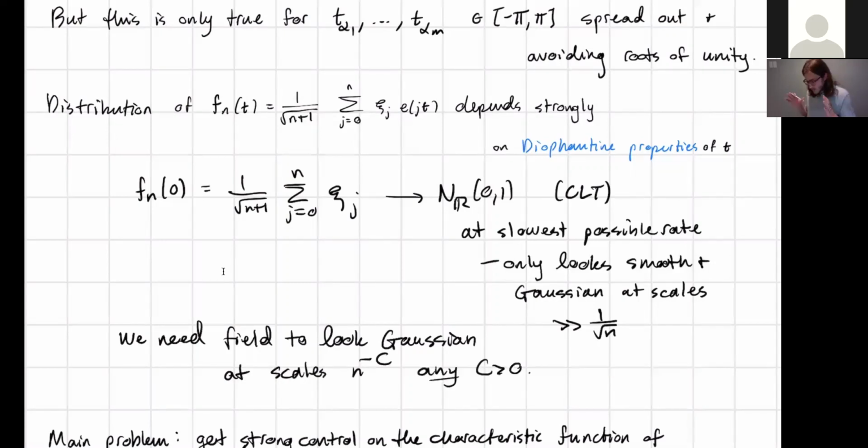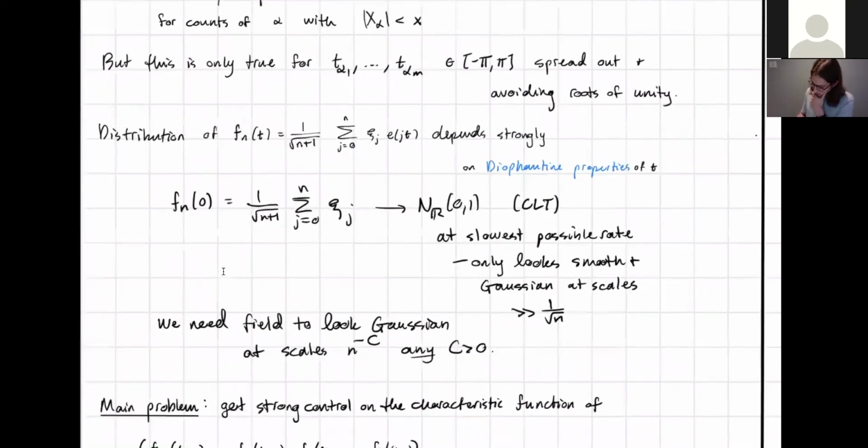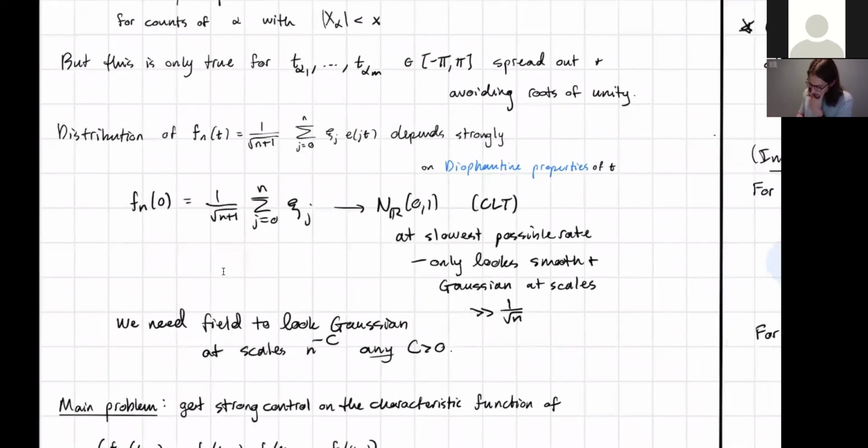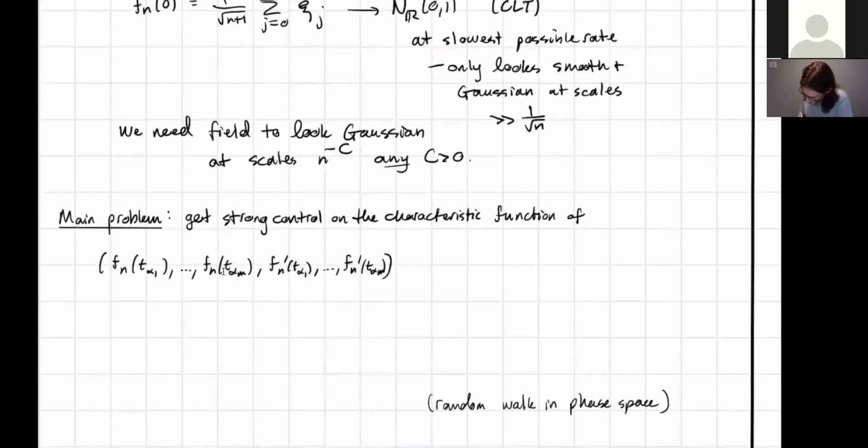So we really need a very strong central limit theorem. At arbitrarily small polynomial scales, it still has to look smooth and Gaussian, even if these are Rademachers. And we can do that if these points are sufficiently generic, in the sense that, in a certain quantitative sense, they're not well approximated by rationals with small denominator.